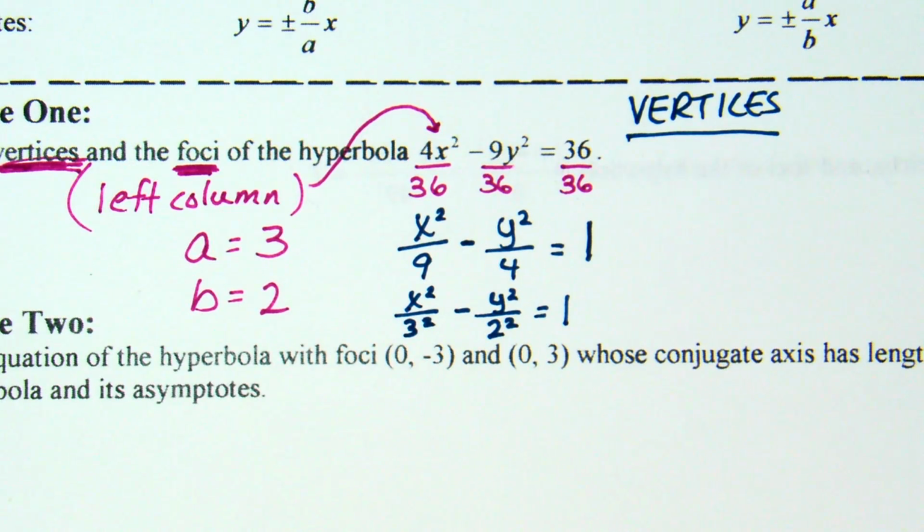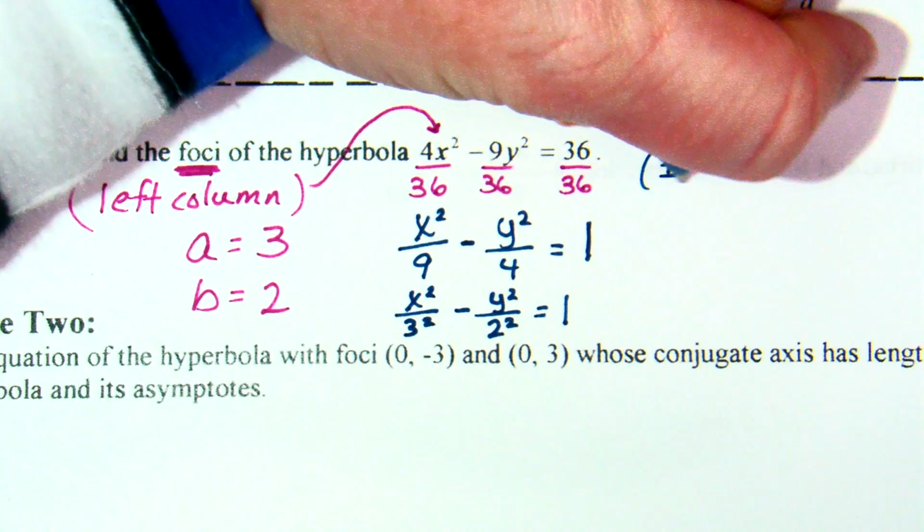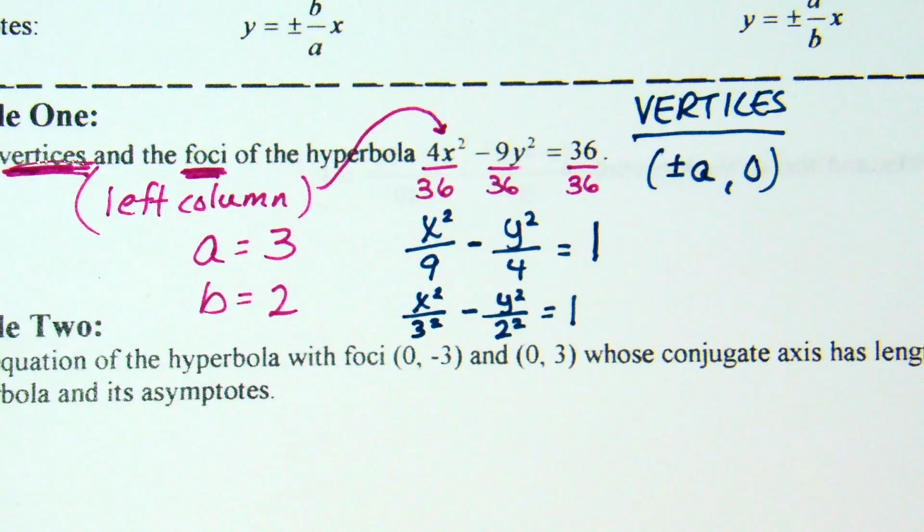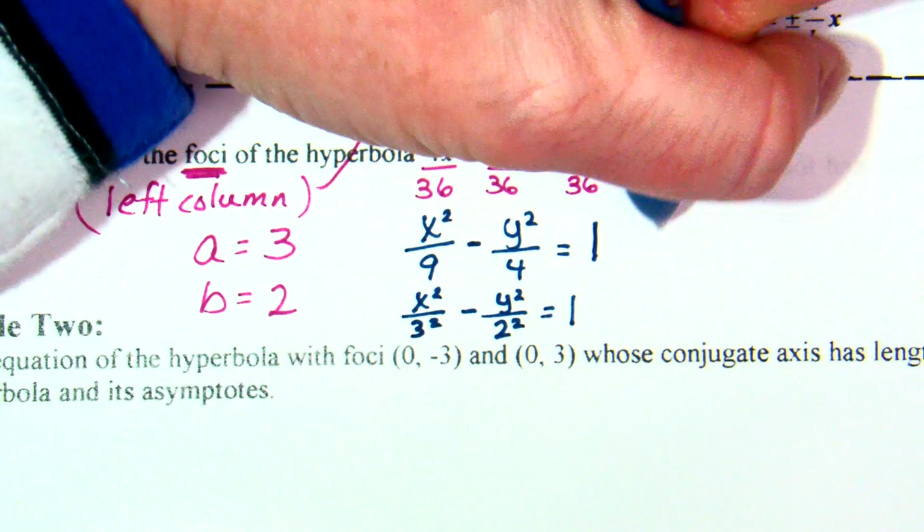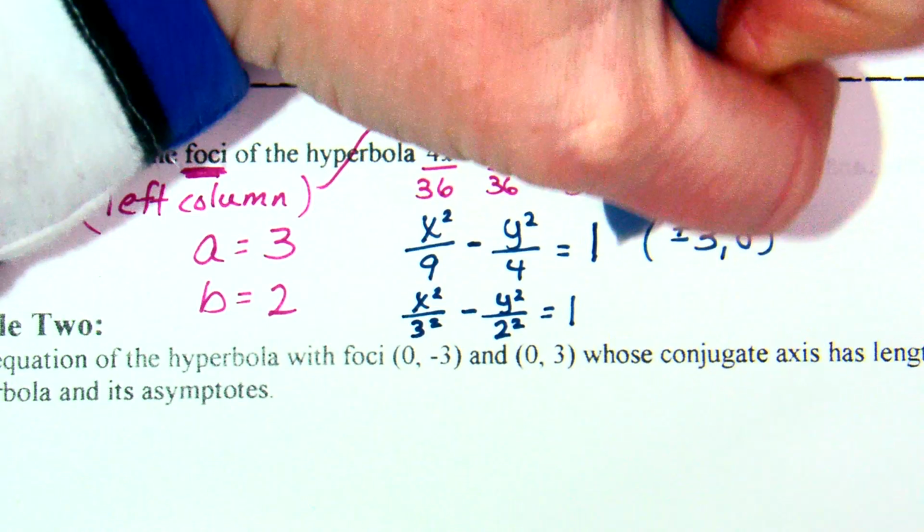Up in my chart, left column, it says vertices plus or minus a, comma 0. My a value is 3. So plus or minus 3, comma 0. Easy stuff there, right?